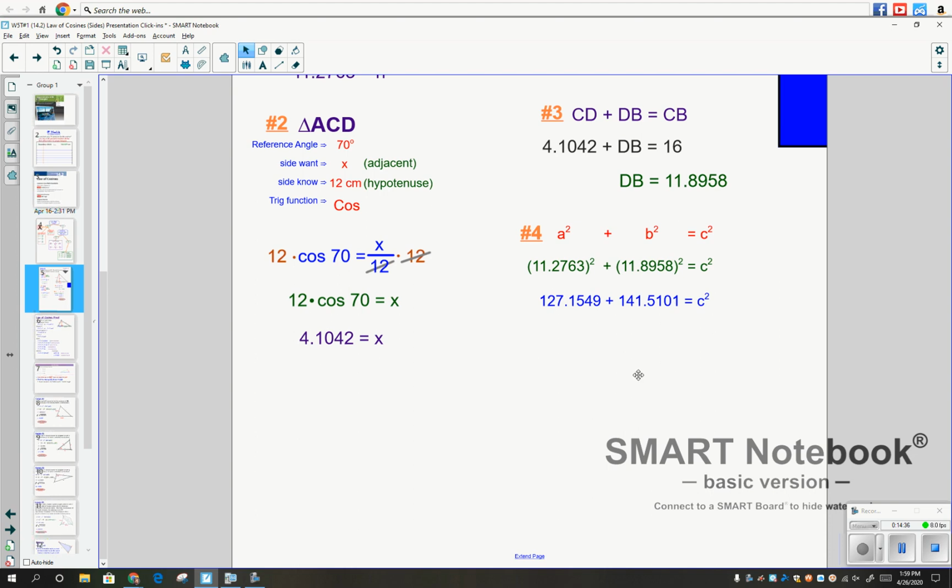You get 127.1549 plus 141.5101. Add that together. 268.6650. How do I solve for C? Take the square root of both sides. Take the square root of C squared, and I get C equals 16.39.